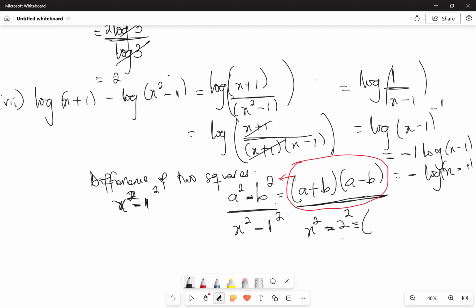You get it? So that is it. That's a simplification.